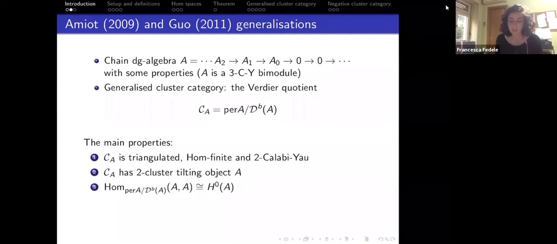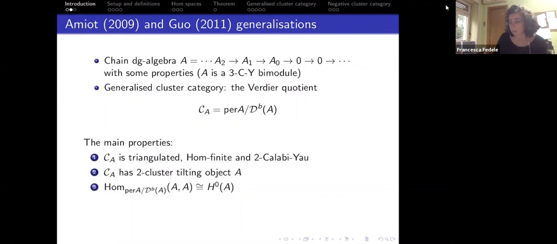Our cluster category is triangulated, Hom-finite, and n-Calabi-Yau. It has a cluster tilting object A, and the endomorphism ring of A over the cluster category is isomorphic to H0 of A, the cohomology at A.